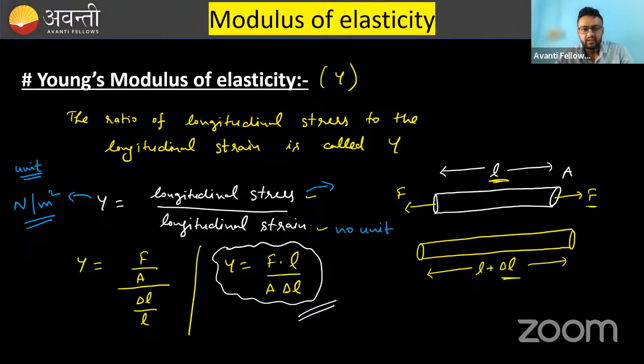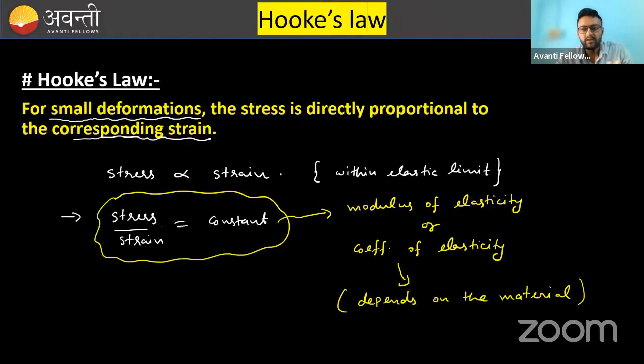What we have studied till now is one slide that we studied on the previous slide. I will show it to you. We have studied about Hooke's law. It's on your screen. In this Hooke's law, for small deformations, up to the elastic limit, the stress is directly proportional to the strain. And the ratio of stress over strain is constant. This constant is known as coefficient of elasticity or modulus of elasticity.